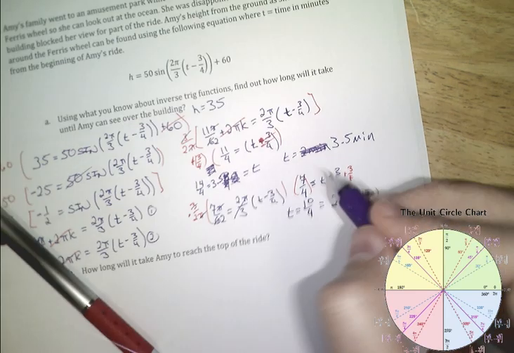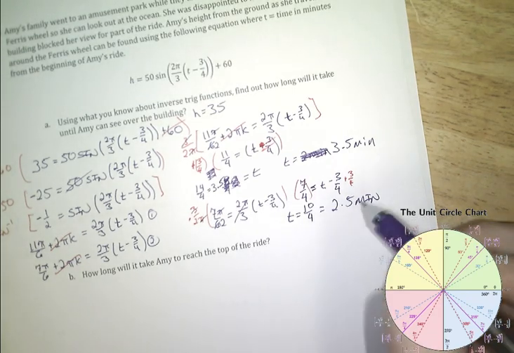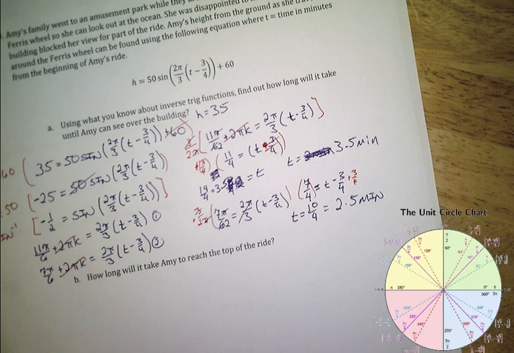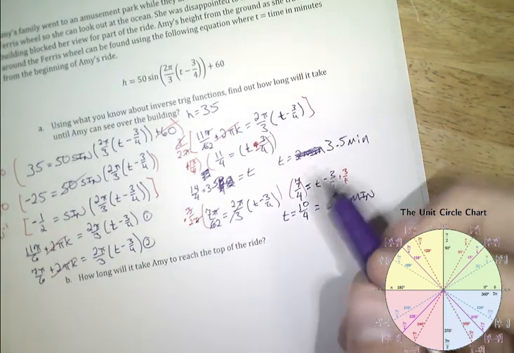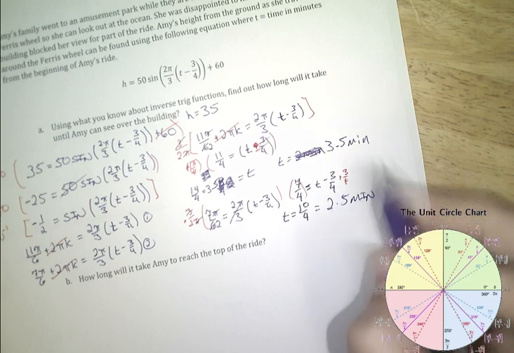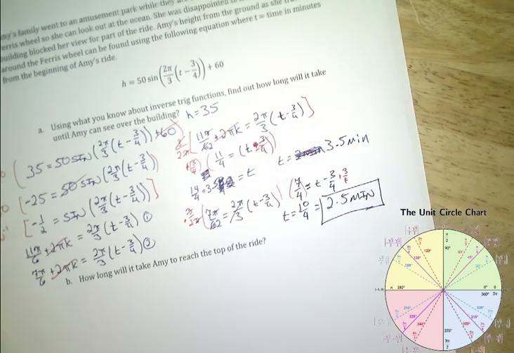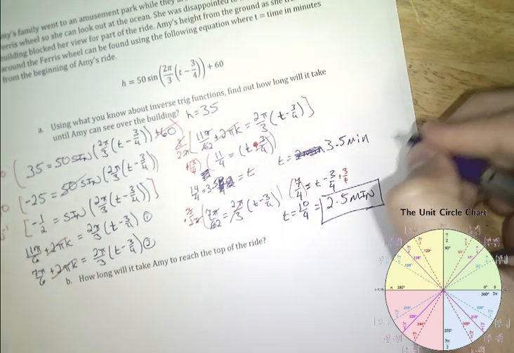So the Ferris wheel, or Amy, is going to be at 35 feet after 2.5 minutes and after 3.5 minutes. Which one do we want? Well, if we're starting at the bottom and we're going up, we want the first time she hits, 2.5 minutes. So this right here should be our answer, 2.5 minutes.